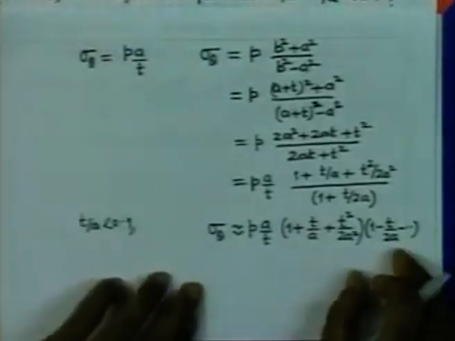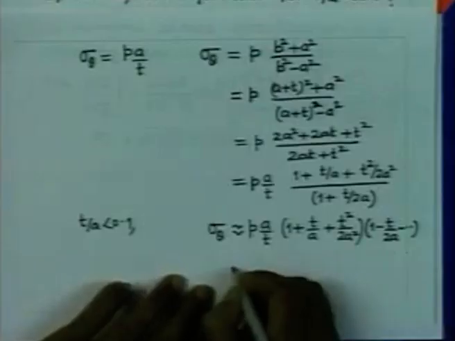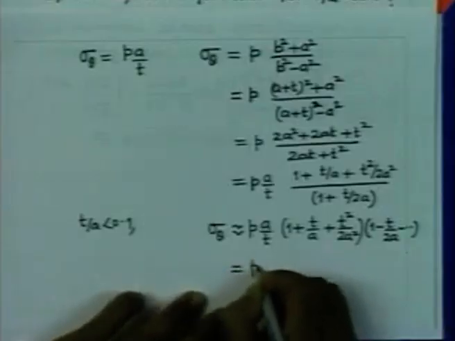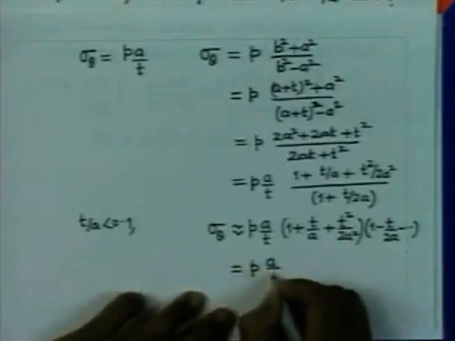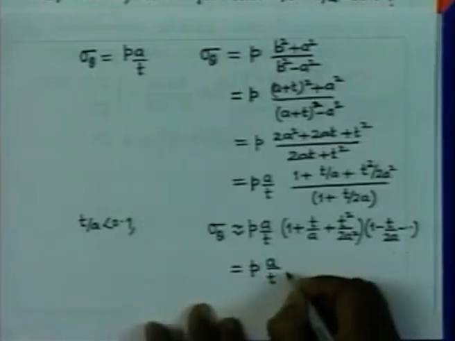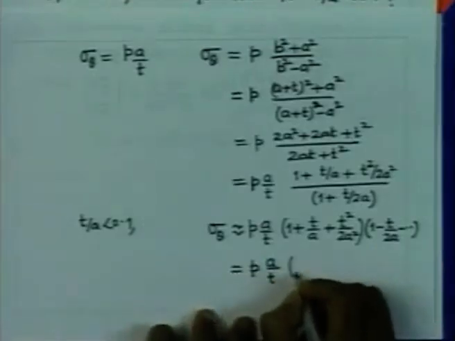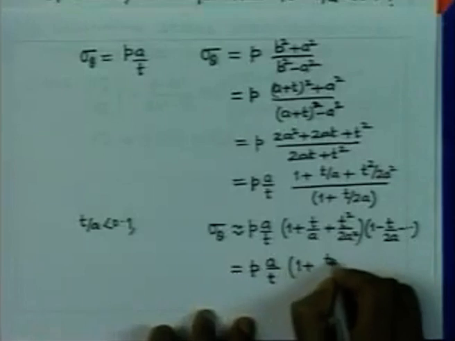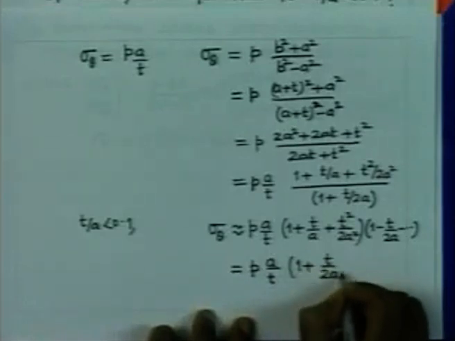Now, if we just retain up to this much and then simplify, this comes out to be equal to P A by T into 1 plus T by 2A.